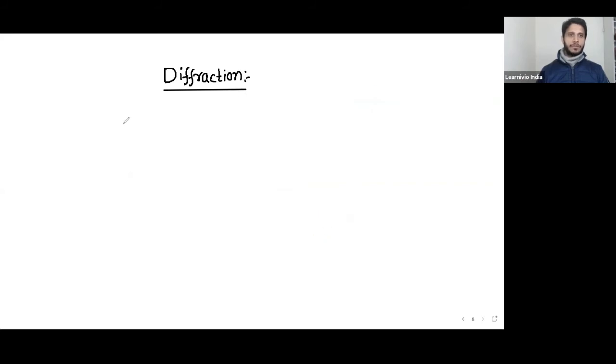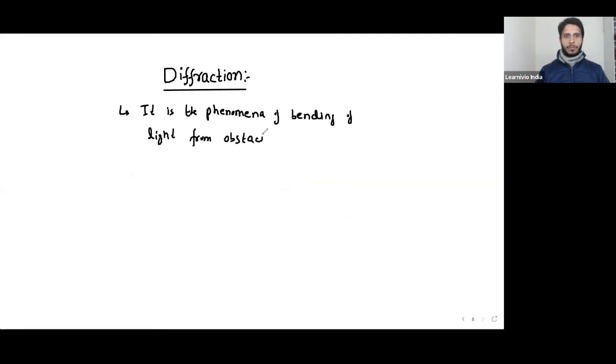So what is diffraction? Diffraction is the phenomenon of bending of light from an obstacle or aperture placed in the path of light.